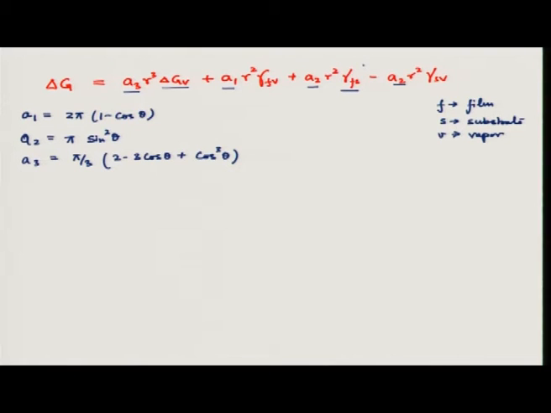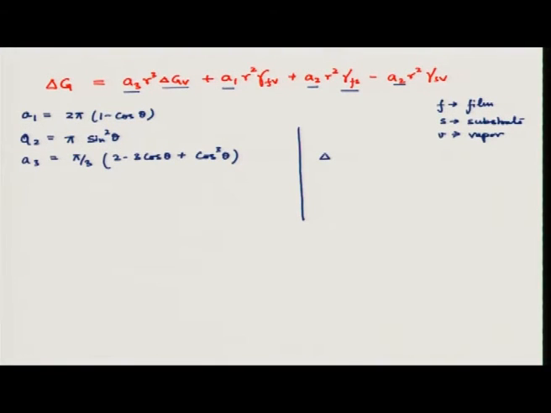Now, if we were to compare this with the homogeneous nucleation in a solution where the spherical nucleus is formed, then we can say that delta G in that case would be 4 by 3 pi R cube, the volume of the nucleus, times the change in free energy per unit volume, plus 4 pi R square, the area of that sphere, times the surface energy.